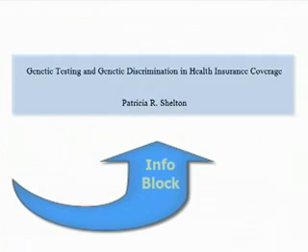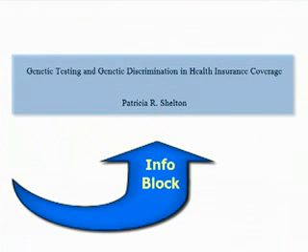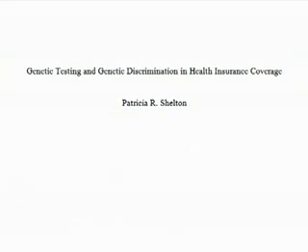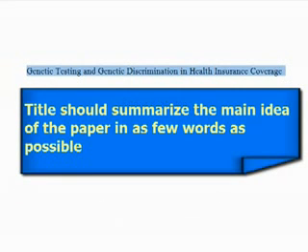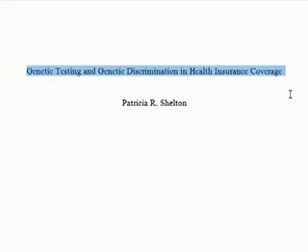Next, let's look at your info block. Your info block appears approximately at the bottom of the top third of your paper, and it consists of your main title. The purpose of a main title in an APA document is to summarize what the paper is about, and to do so with as few words as possible.